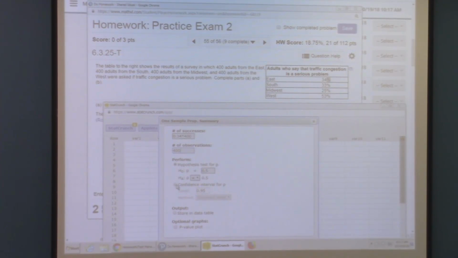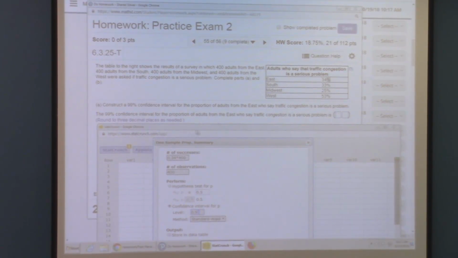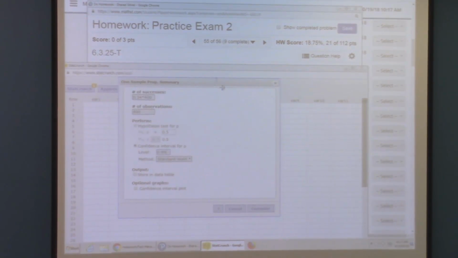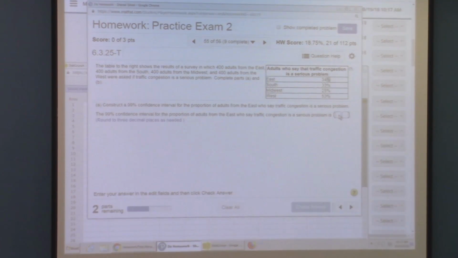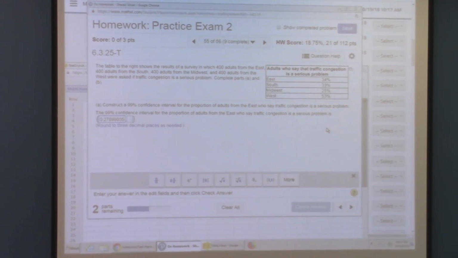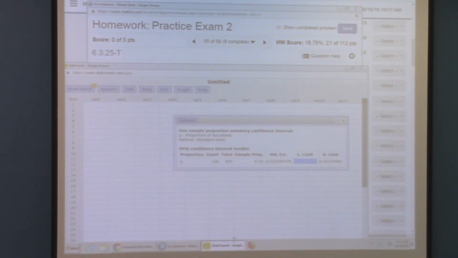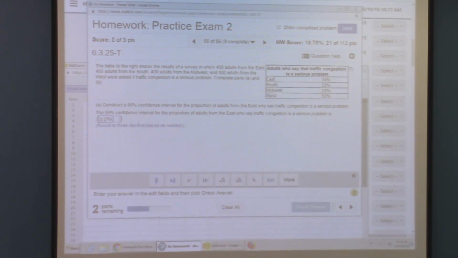And then you switch to confidence interval, use the confidence level, which is 99%, and you hit compute, and you get the lower limit right here. And round to 3 decimal places, and it's going to be 279, and round to 3 decimal places, and it's going to be.